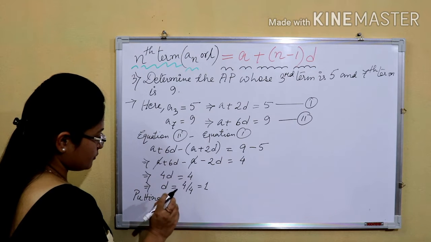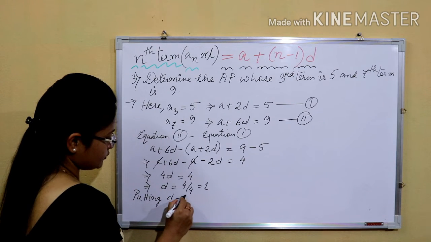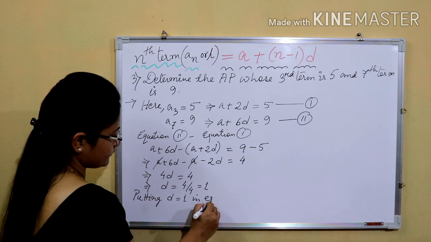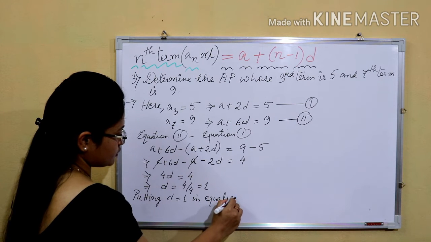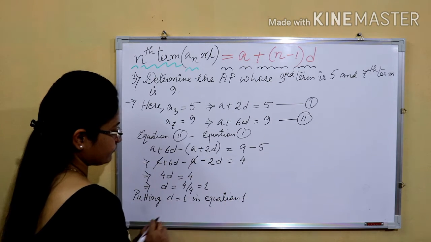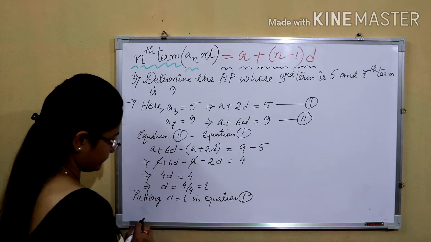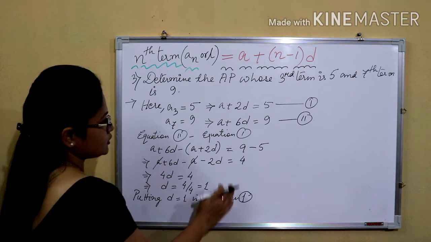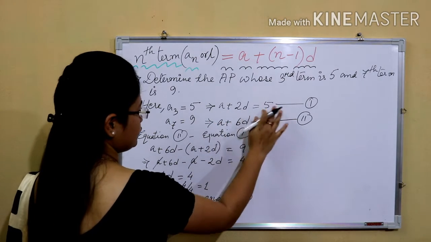Suppose we put D equal to 1 in equation 1. Equation 1 is A plus 2D equal to 5.